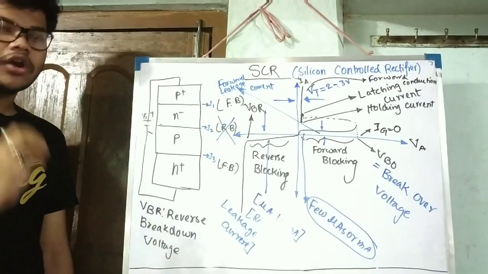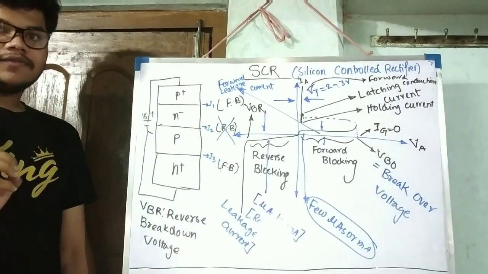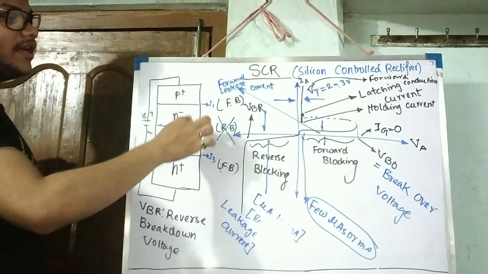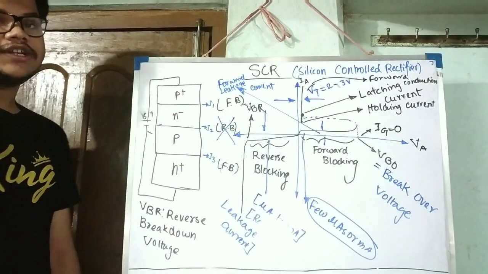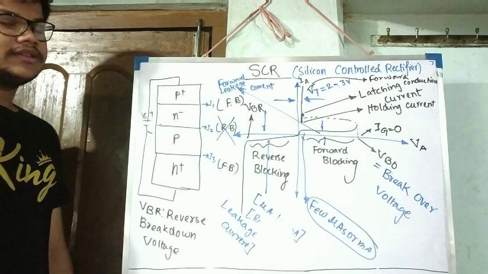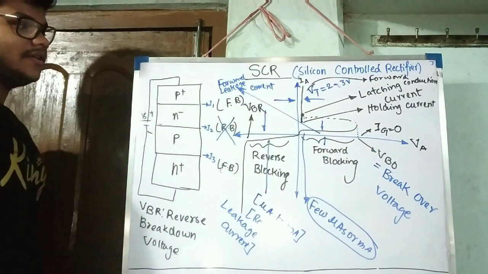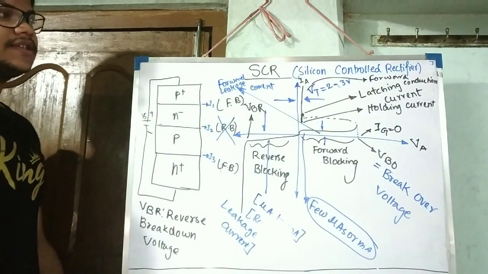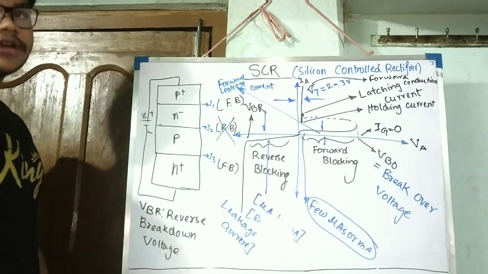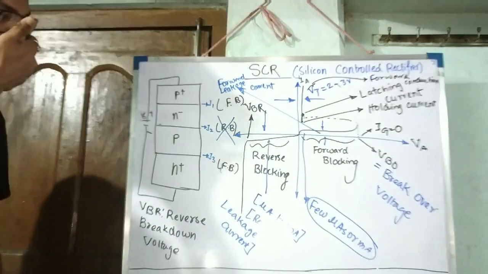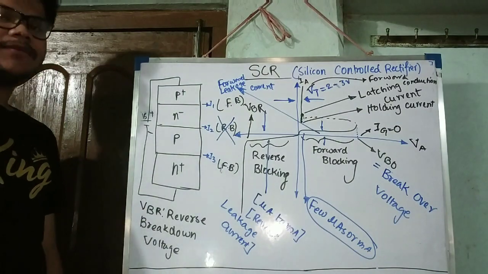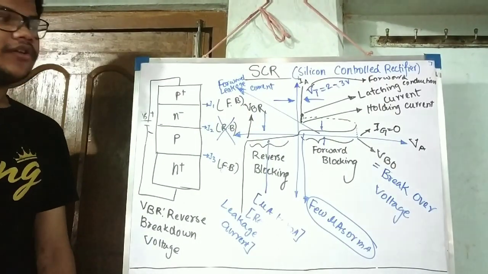But that method is not recommended for thyristor triggering, as it may permanently damage the J2 junction. So you can never use the thyristor again after using this forward voltage triggering. That is not recommended.